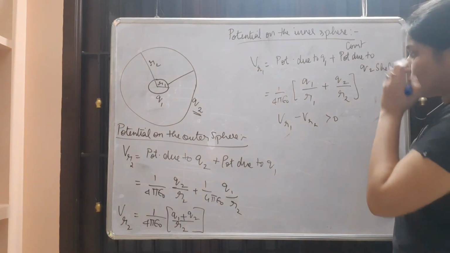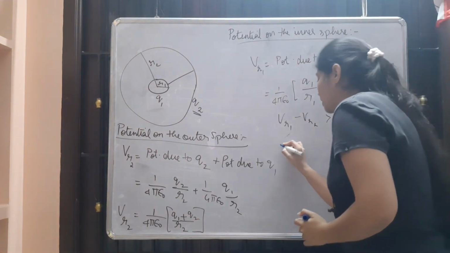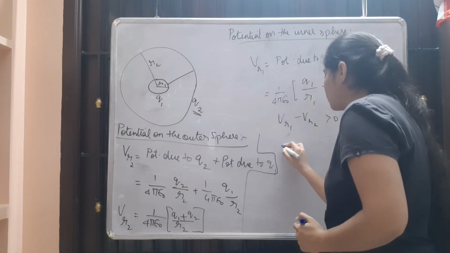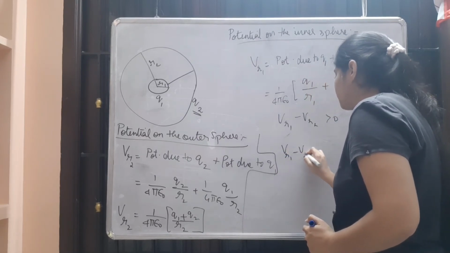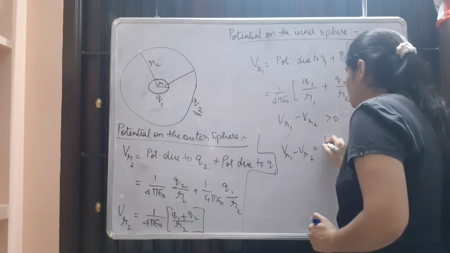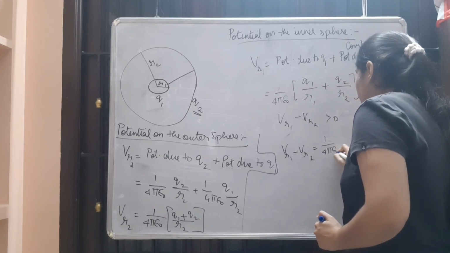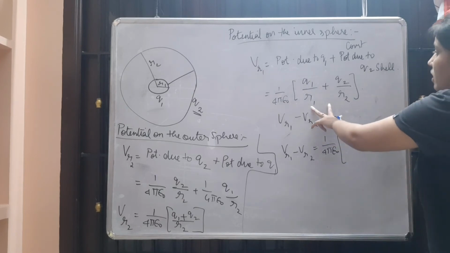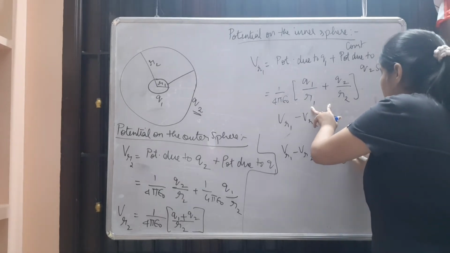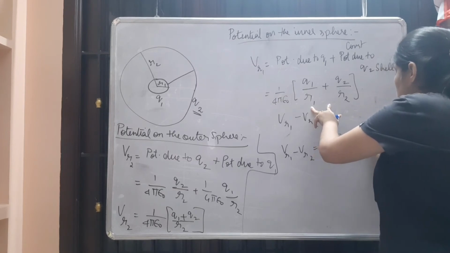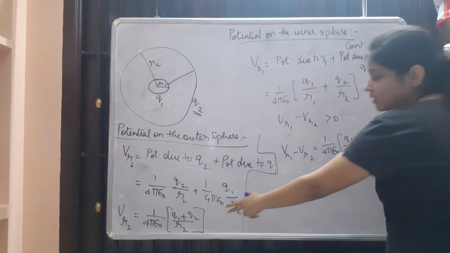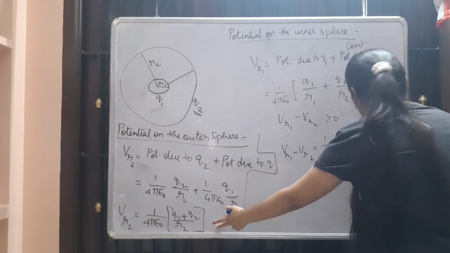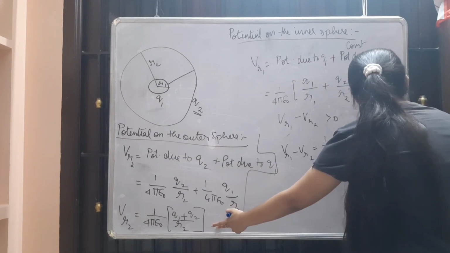So let us write down V_R1 and V_R2 and then just subtract. So we have 1 by 4 pi epsilon naught, which can be taken outside, into Q1 by R1 plus Q2 by R2 minus Q1 by R2 minus Q2 by R2.